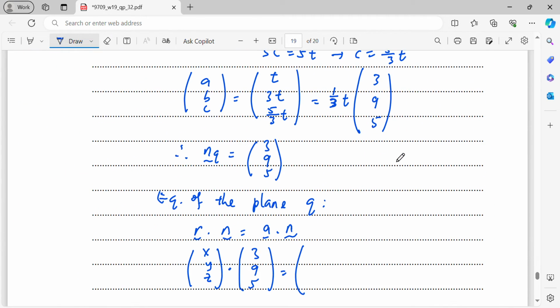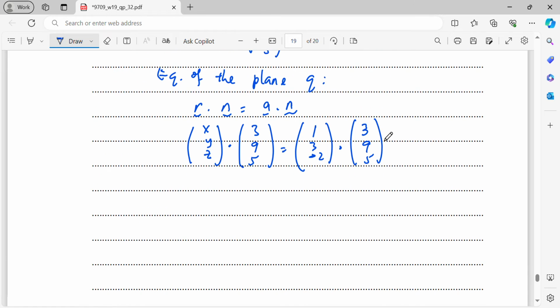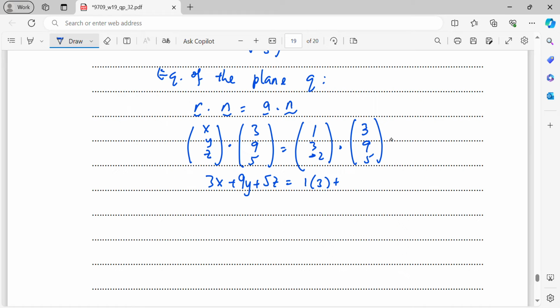So here becomes (1, 3, minus 2) dot with (3, 9, 5). Then from here you will be getting the dot product. The right hand side is also a dot product. So 1 times 3 plus 3 times 9 plus negative 2 times 5. So at last you are getting the plane equation as follows. So this is going to be 20.